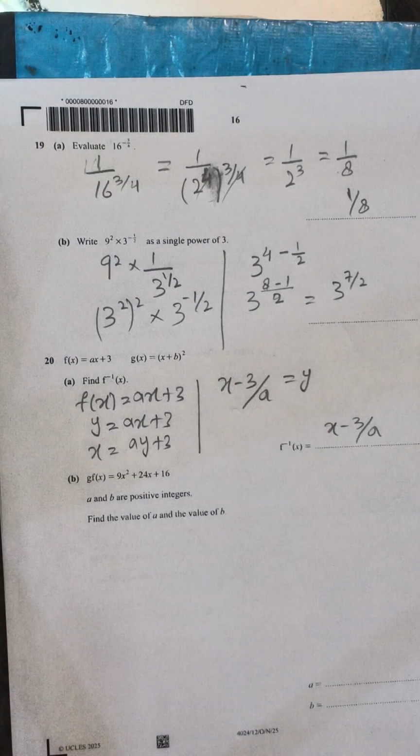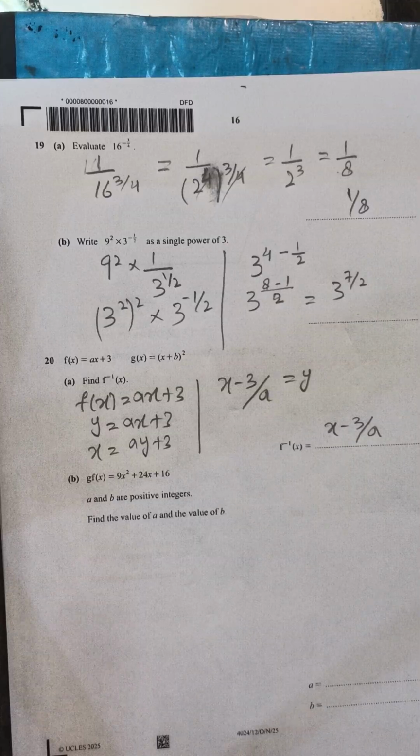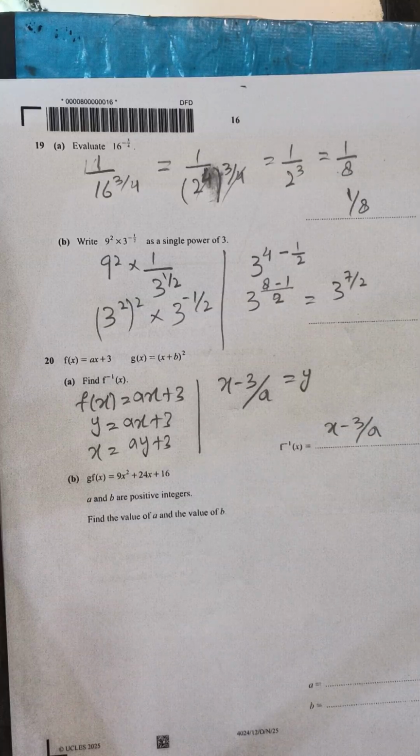Okay, so now part b of this question is g of fx. It is a composite function. g of fx equal to 9x square plus 24x plus 16. a and b are positive integers. Find the value of a and the value of b.